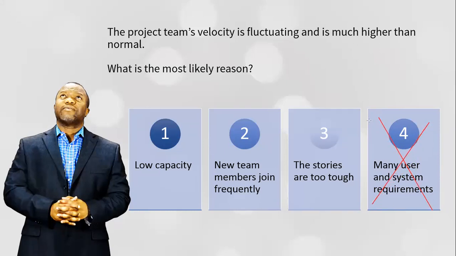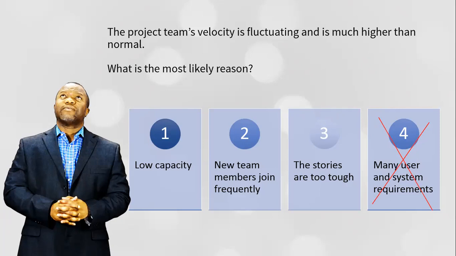It's not a reason for fluctuating. The third one, stories are too tough. No. Yes, I know that stories could be different from what you thought, but to just say the stories are too tough is a little bit of a stretch, because you don't know that for sure.